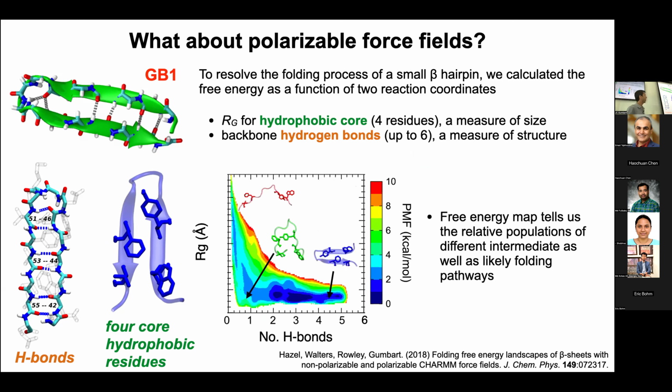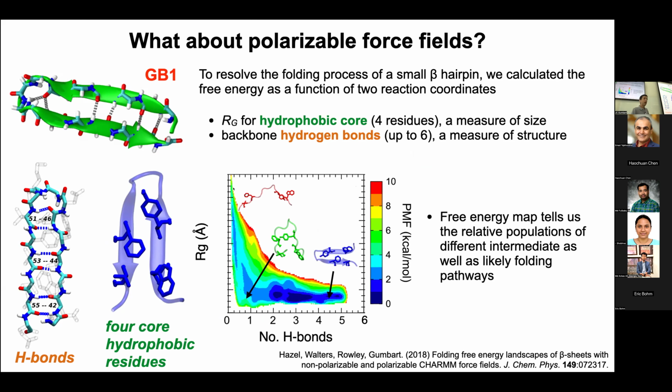We did our free energy calculation using umbrella sampling. The folded state is on the right side, and that's low energy. The unfolded state is up here: high radius of gyration, low number of hydrogen bonds. That's the unfolded hairpin.